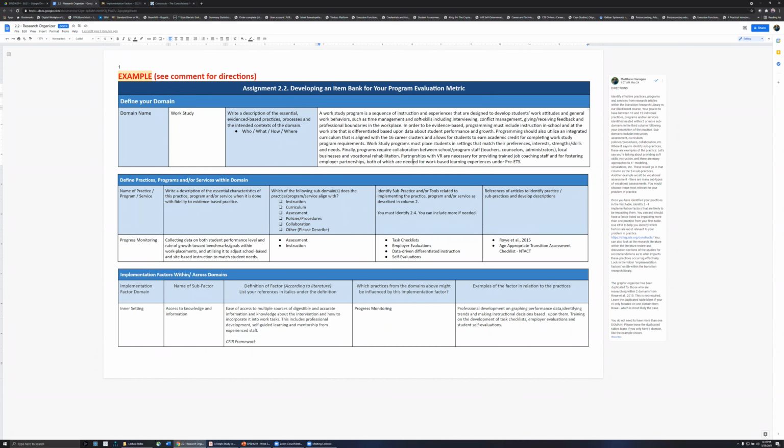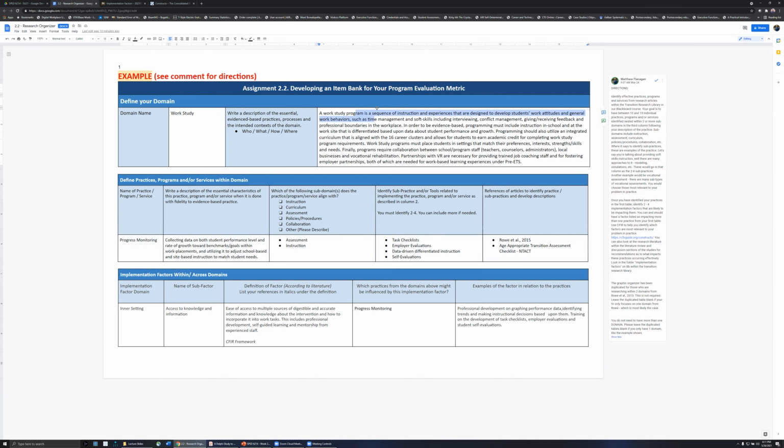And then in order to identify your practices, you'll look through that description step by step, and you'll have a practice in each row. I have one row here, but you'll have between 10 and 15 rows of practices in yours. And it's called sampling the domain.